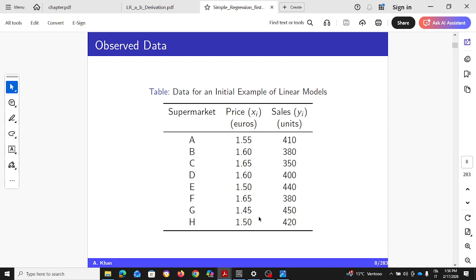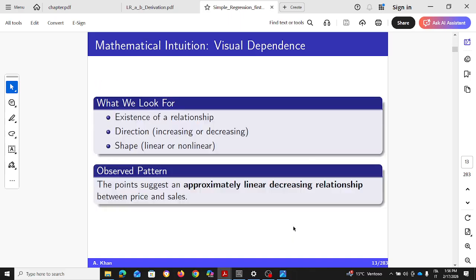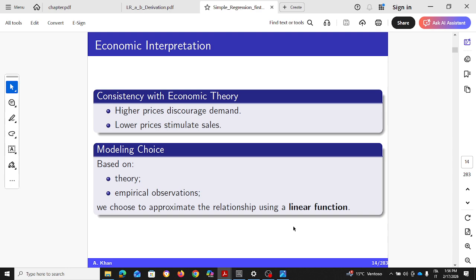For example, at 1.45, we have 450 units sold. But if we move up to 1.50, we have a decrease in the number of items sold. So these points suggest that there is approximately a linearly decreasing relationship between the price and the sales. Higher prices discourage demand. Low price stimulates the number of sales. With low price, we sell more products.